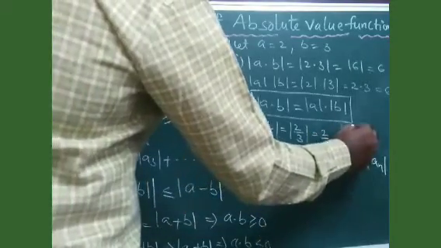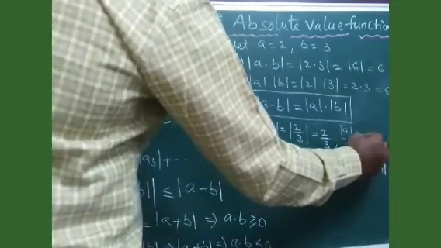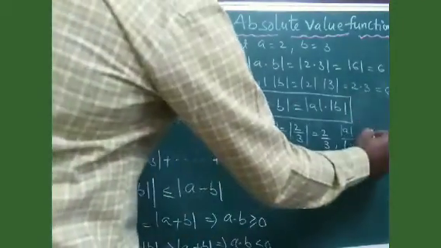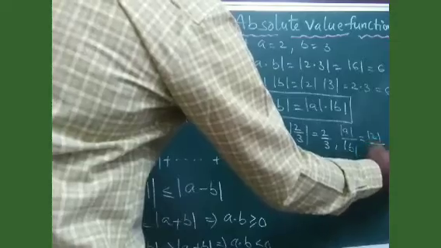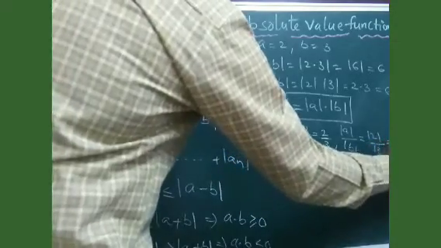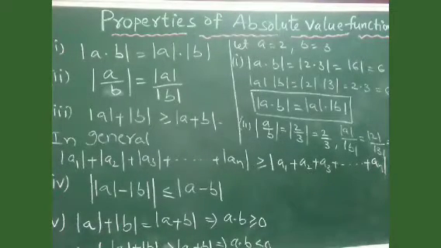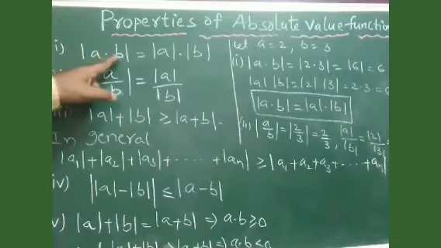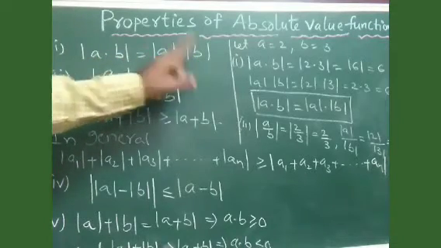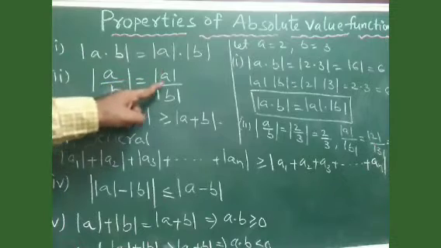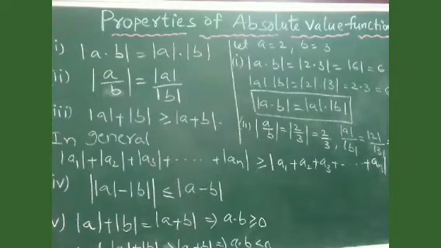On the right hand side, modulus of 2 by modulus of 3 is also 2 by 3. So finally, we proved that mod of A into B equals mod A into mod B, and mod of A by B equals modulus of A by modulus of B. Right?